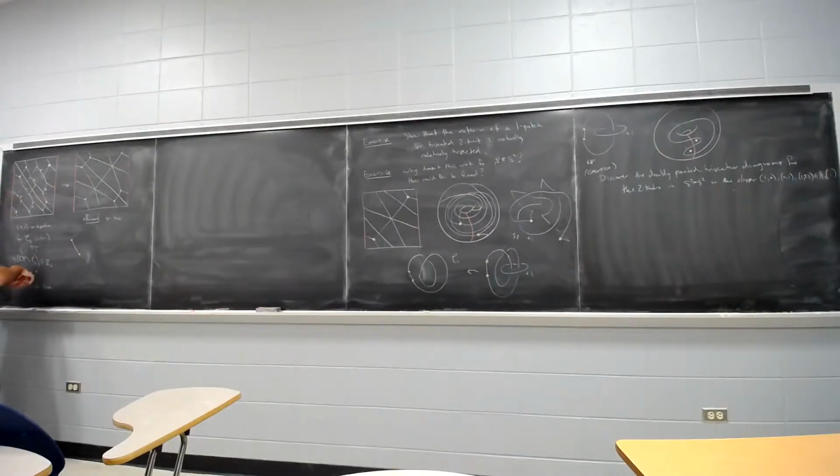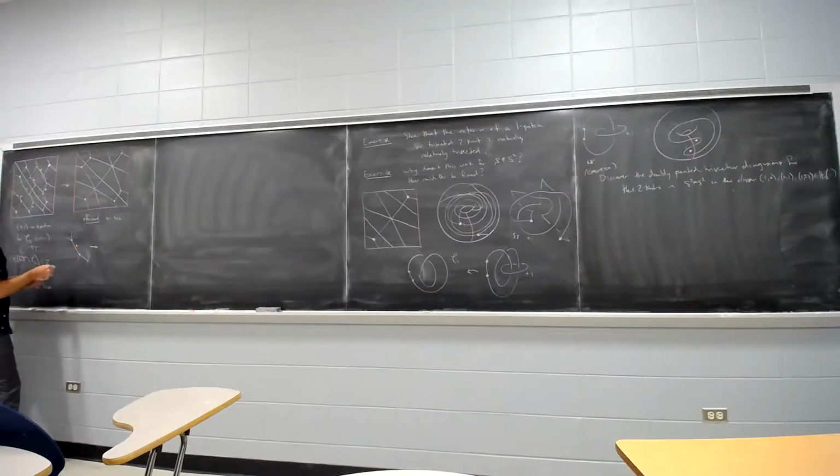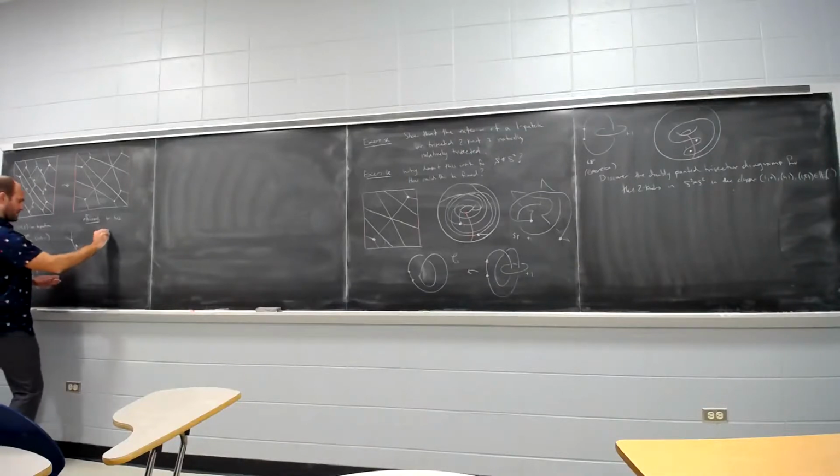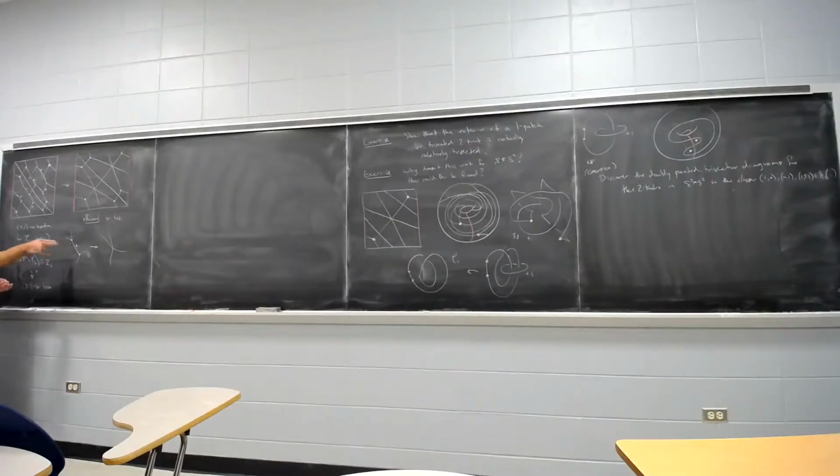So for example, the first thing you do is destabilize along this yellow arc here, which locally looks like this. Right, so it gets rid of the yellow arc and it merges the purple and the orange.